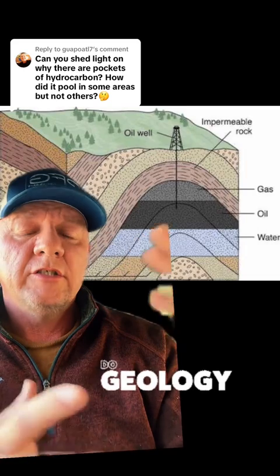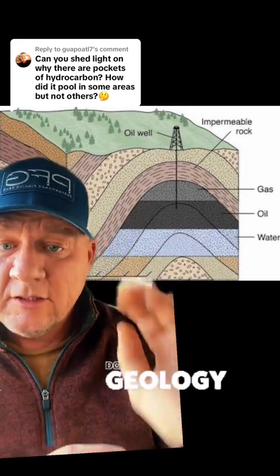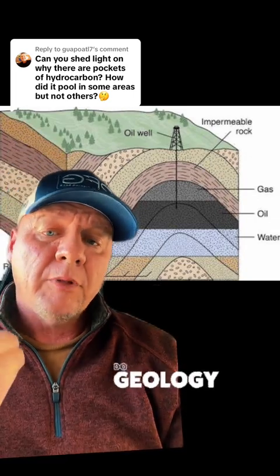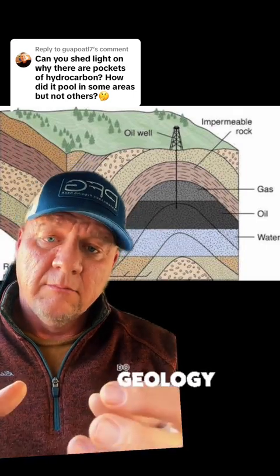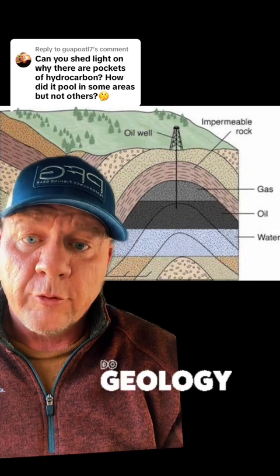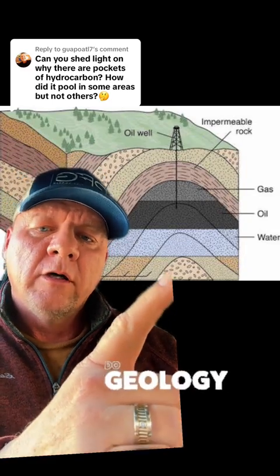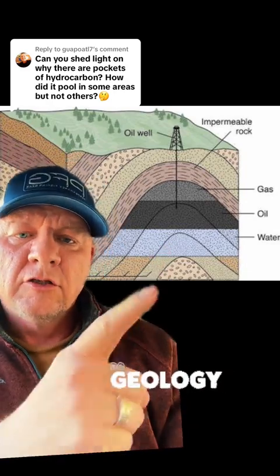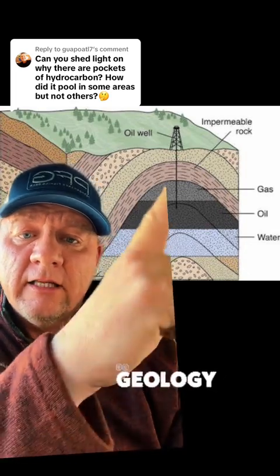And all of this geology and the nature of it has to be perfect for this to exist. For instance, this source rock here, it has to be permeable enough, which permeability is basically how fluid can flow through rock, okay? This has to be permeable enough for the oil and hydrocarbons to move through it. So if this isn't permeable enough, you're never going to get this.